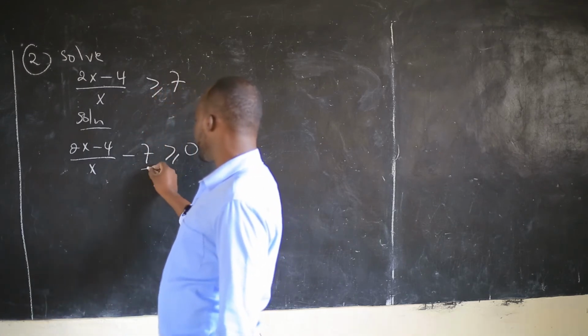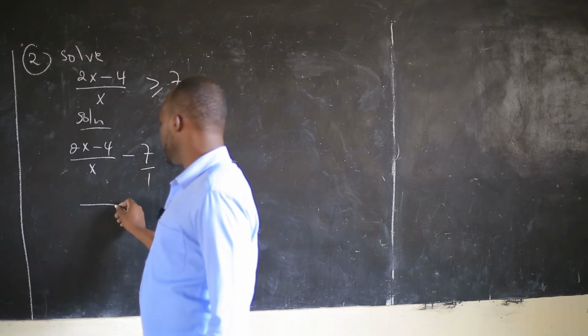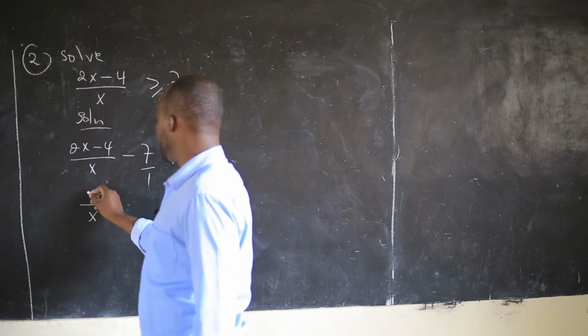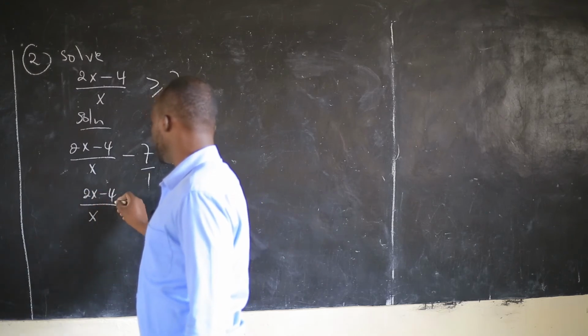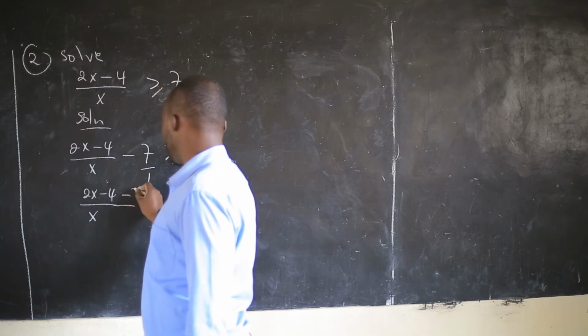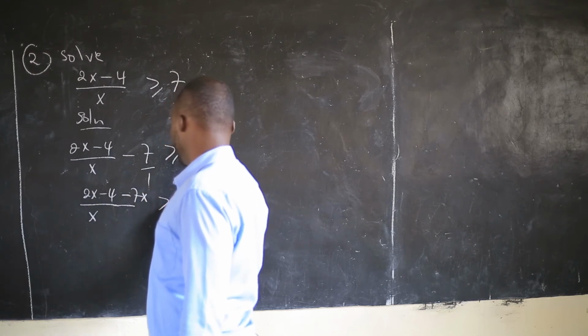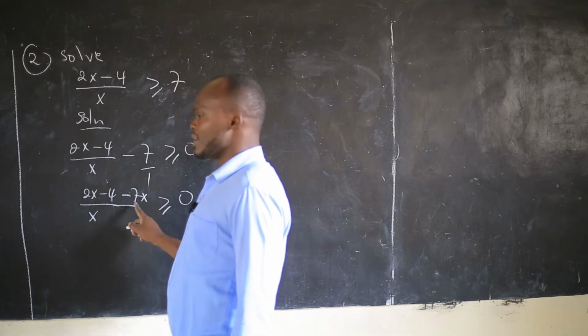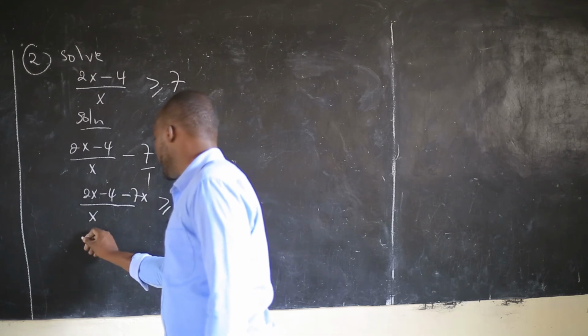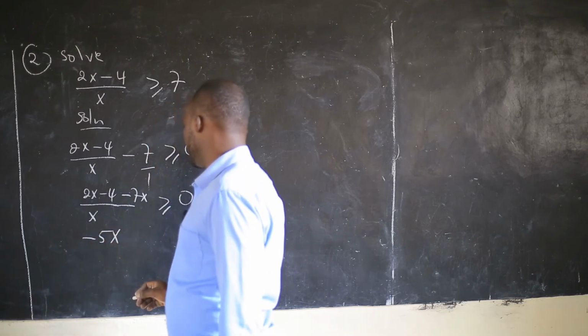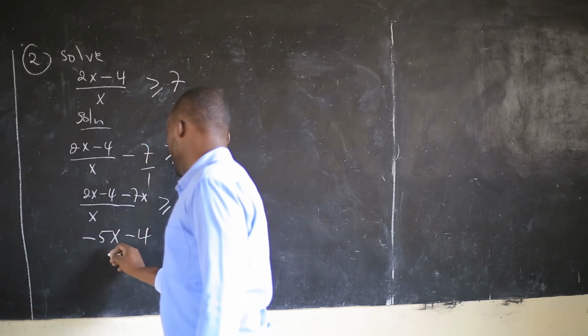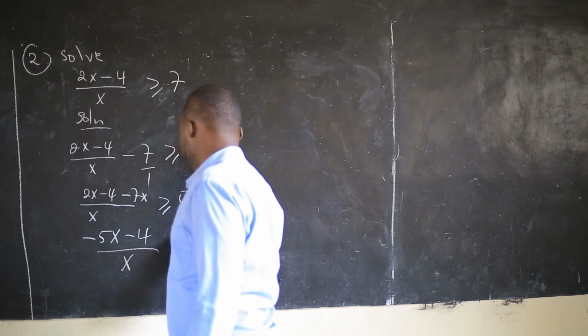So I'm going to find the LCM over 1. LCM is x. That's 2x minus 4 minus 7x, over x, greater or equal to 0. So 2x minus 7x is negative 5x, minus 4 over x, greater or equal to 0.